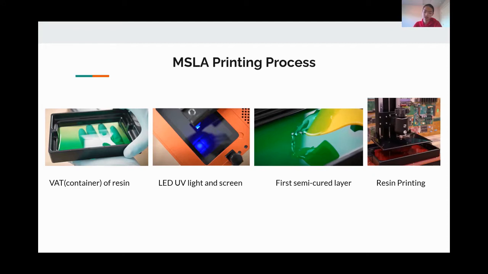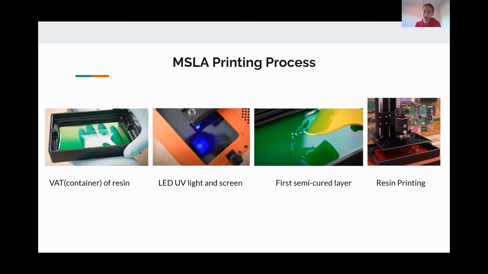It will cure it layer by layer, and each layer will build up the 3D model structure. The third image is how it looks when it cures the first layer. The last image, a bit hard to see, shows it in the process of building up layer by layer. If you want a more in-depth look, you can later search up a video of a resin printer working.